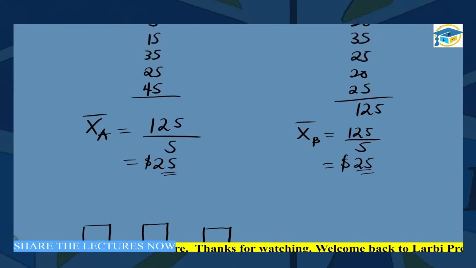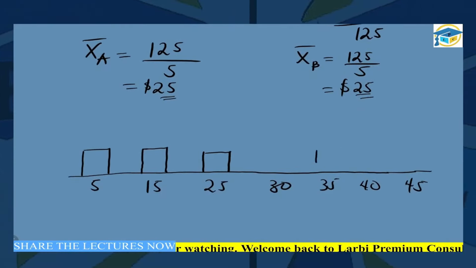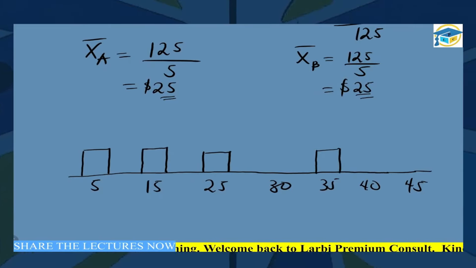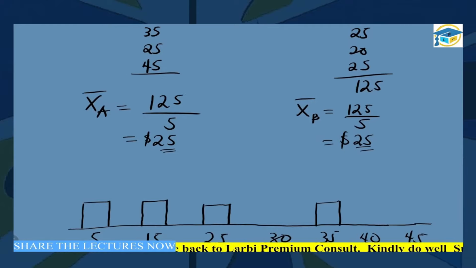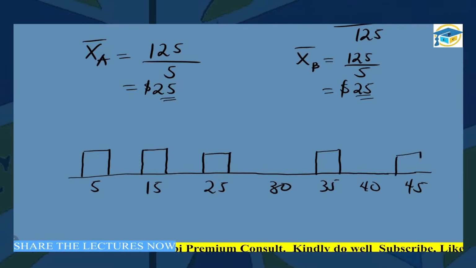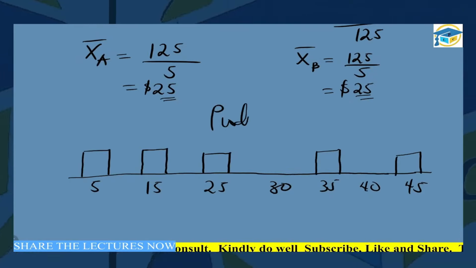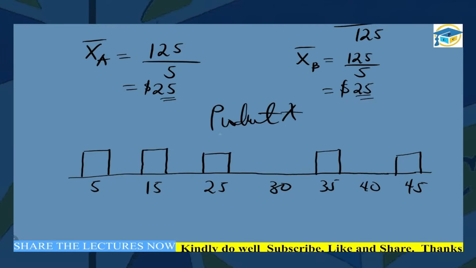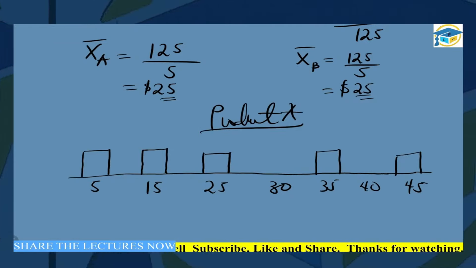Then we have 35, and then 45. So this was product A. You can clearly see that this is flat data.